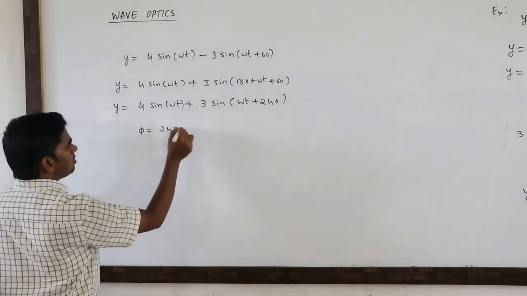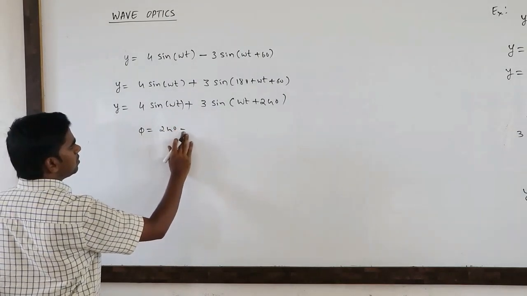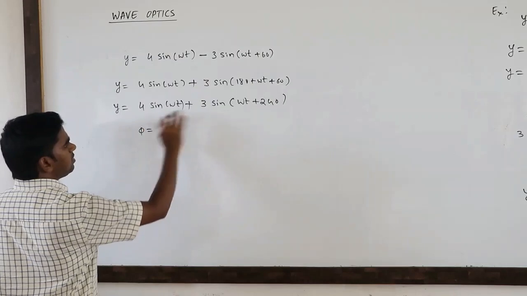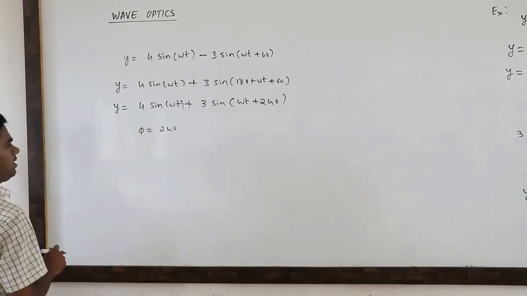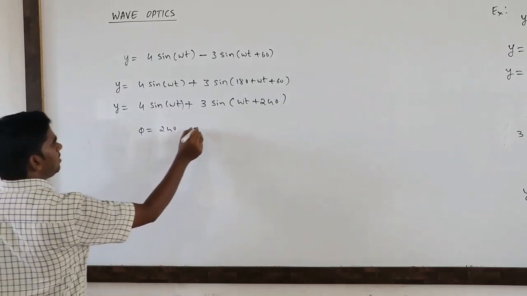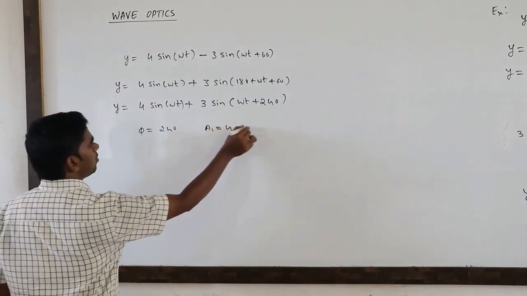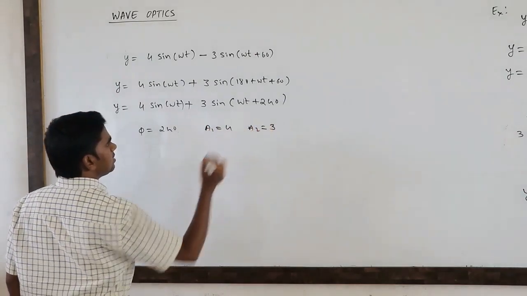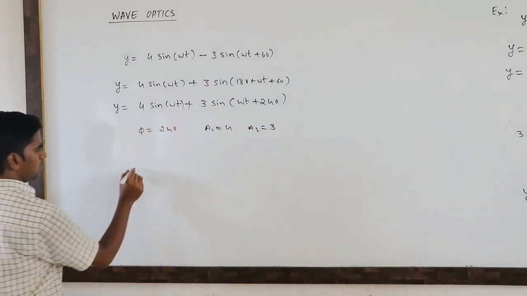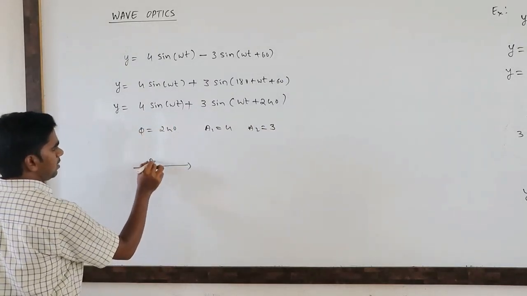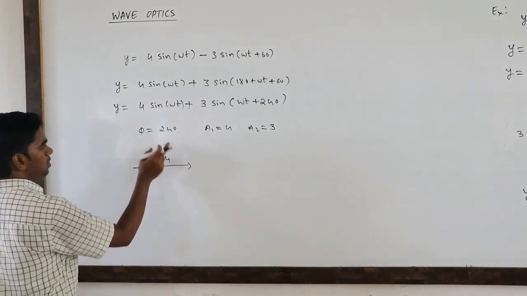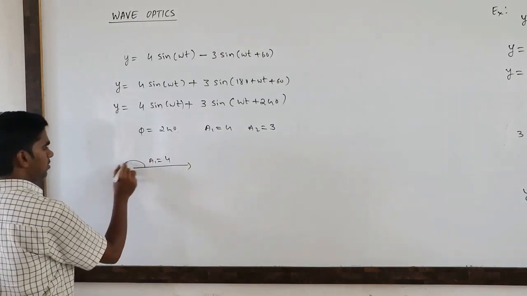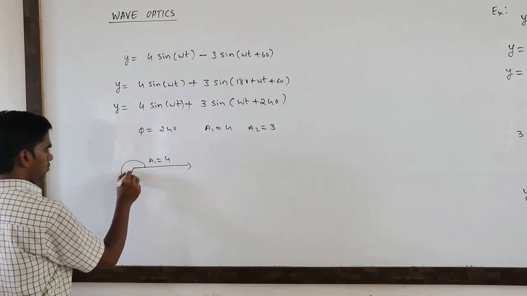Here there is no phase difference for the first. A1 you have to take as 4 and A2 as 3, because of the smaller phase. If this is A1 you take it as 4, where will A2 come? The angle between these two you have to take as 240, from here to here.